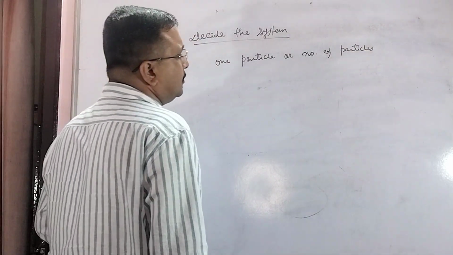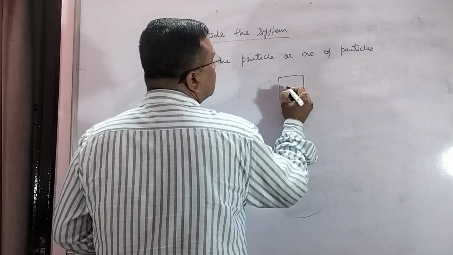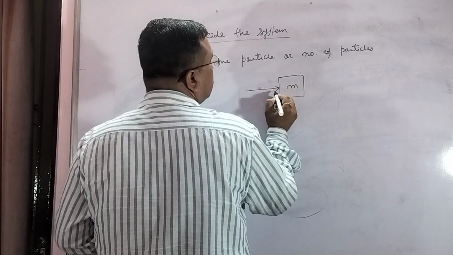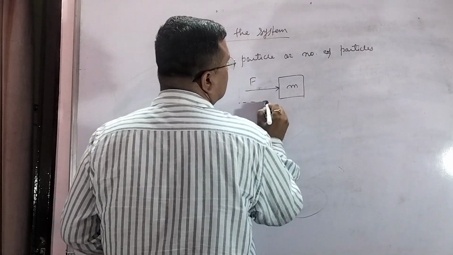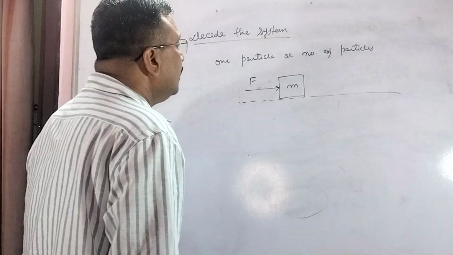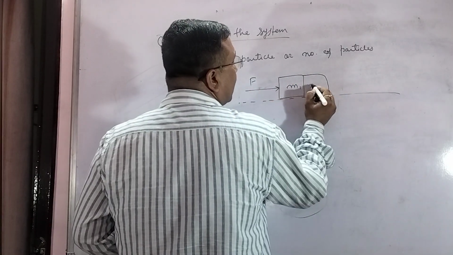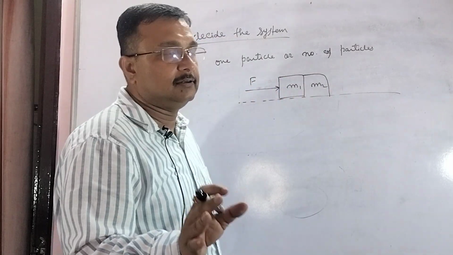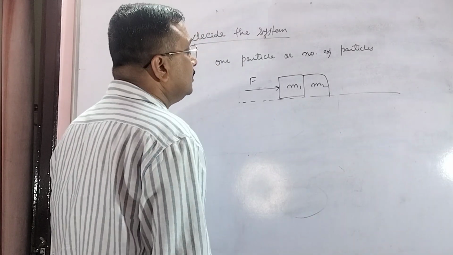Suppose this is a block M and we are giving a push by force F in the horizontal direction. This is a single particle. If we attach another block, this becomes M1 and this becomes M2. Now there are two particles and a single force acting on them.